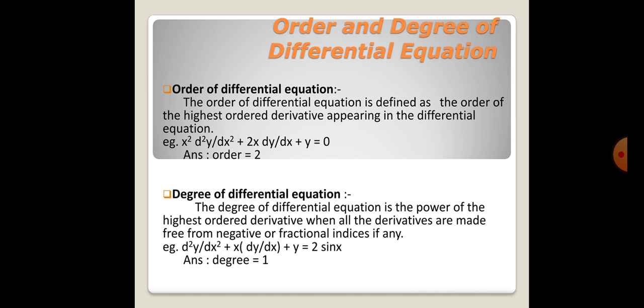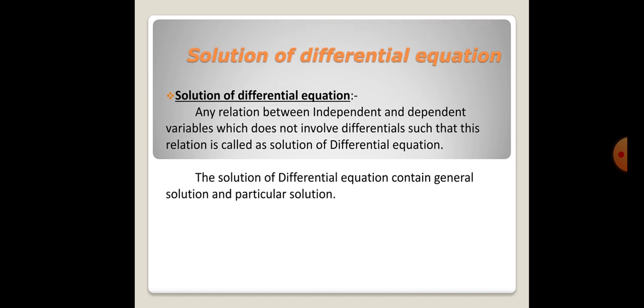The next point in our lecture is solution of differential equation. Any relation between independent variable and dependent variable which does not involve differentials is called a solution of differential equation. The solution of differential equation contains general solution and particular solution.